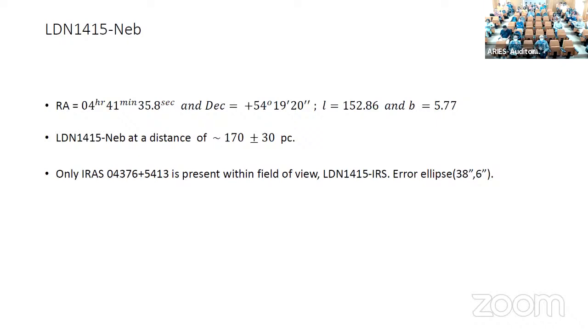In the field of view of this object, in a few arcminute field of view, there is only one IRAS source, and that IRAS source falls within the error ellipse of this particular nebula. So it is expected that the IRAS source went into outburst, and hence the source of this nebula is named LDN 1415 IRS.